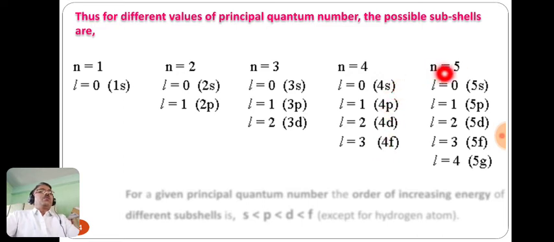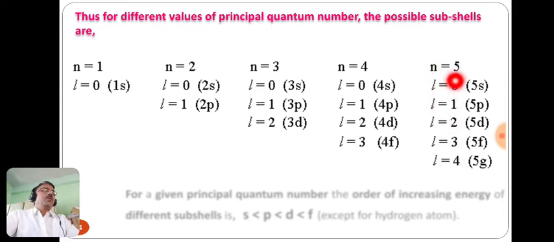Similarly, when n equals 5, the fifth energy level, it has 5 possible values for the azimuthal quantum number, that is l equal to 0, 1, 2, 3, and 4. Means the values for the azimuthal quantum number for each value of the principal quantum number lie from 0 to n minus 1.